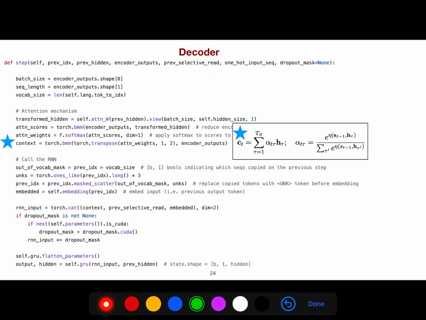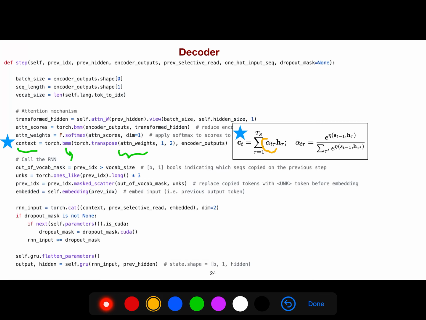And here is the context. It's a linear combination of hidden states. So batch matrix multiplication is your context. So it's just multiplication of attention weights. What are your attention weights? Your attention weights are alpha.